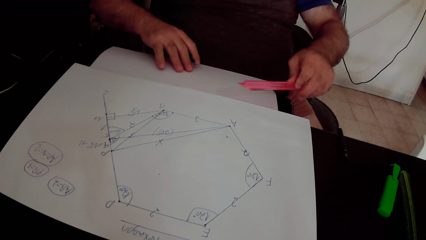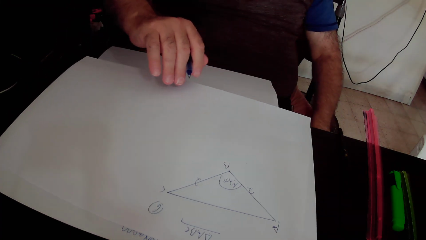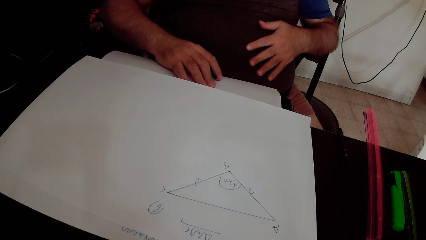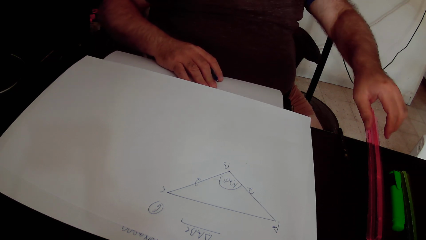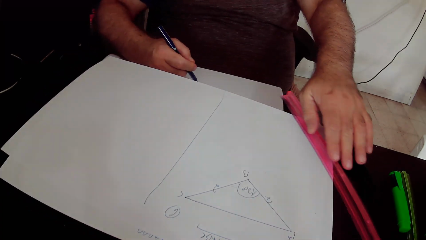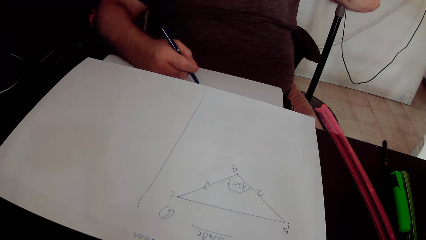So actually, this is triangle ABC that I copied from the original drawing, and because in triangle ABC side AB equals side BC, they are both equal to 2 units, therefore they are equal to each other.